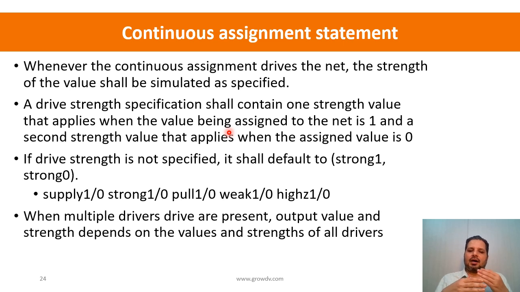Or one type of signaling can override another type of signaling. That will be the protocol requirement, and the protocol will not say you have to use supply or strong, but supply, strong, pull, weak are the elements that you utilize to model it.